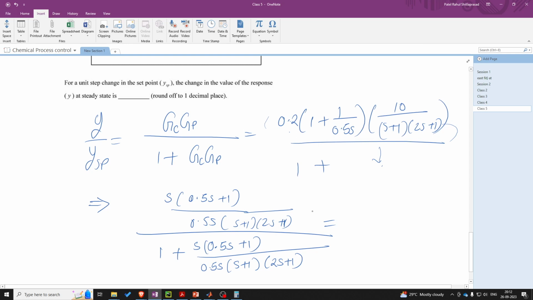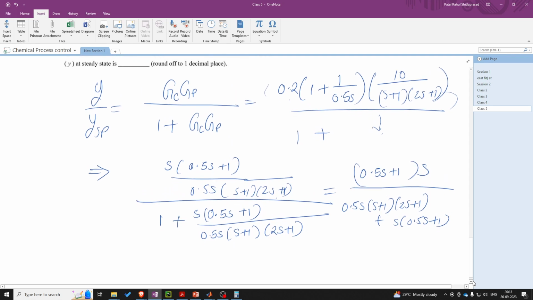So we can simplify this further, and it will become (0.5s plus 1) into s. So this denominator will get cancelled out, and we will be having 0.5s into (s plus 1)(2s plus 1) plus s into (0.5s plus 1).